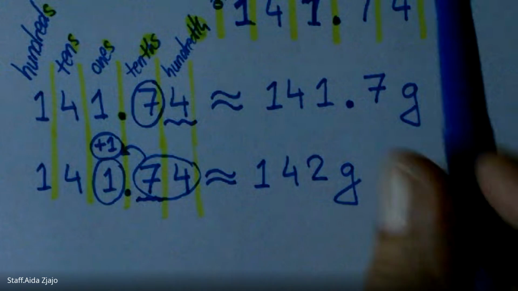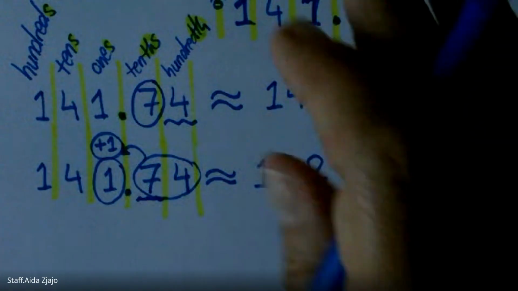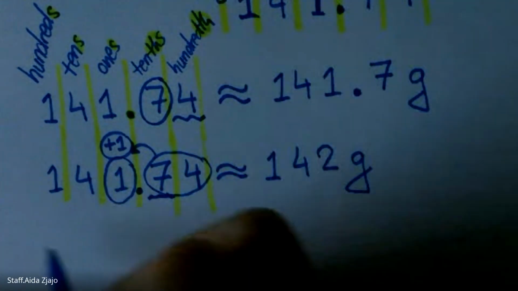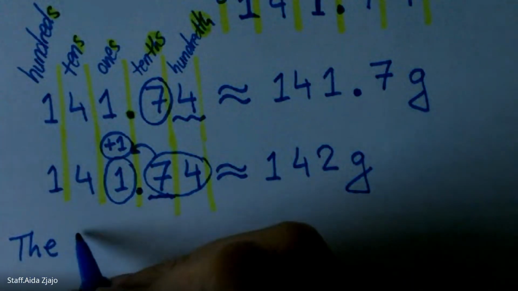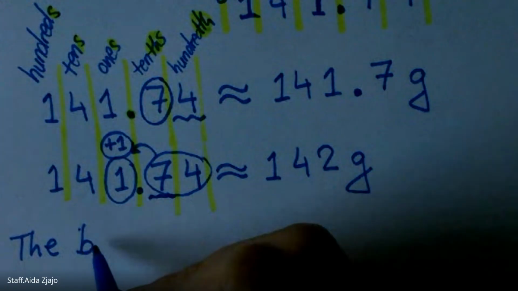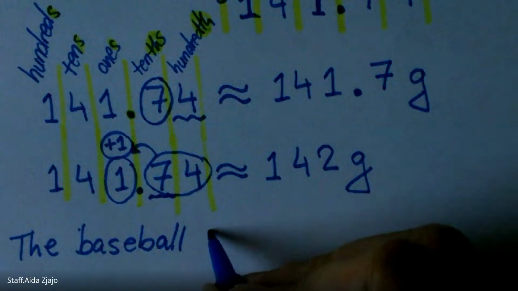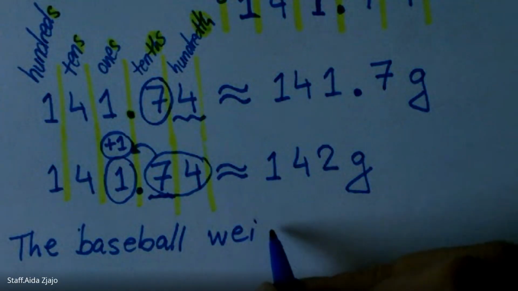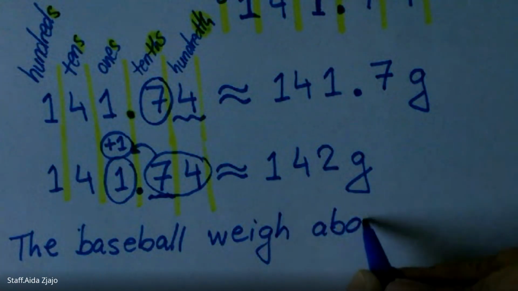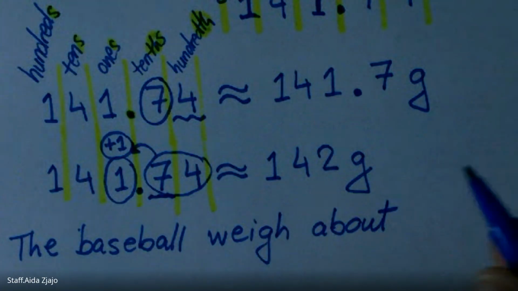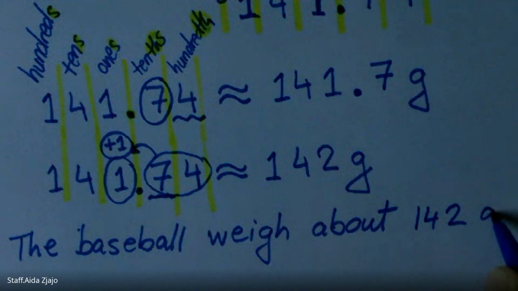So I can say the answer: the baseball weighs about 142 grams.